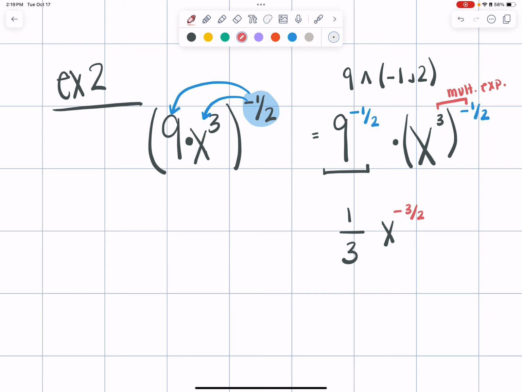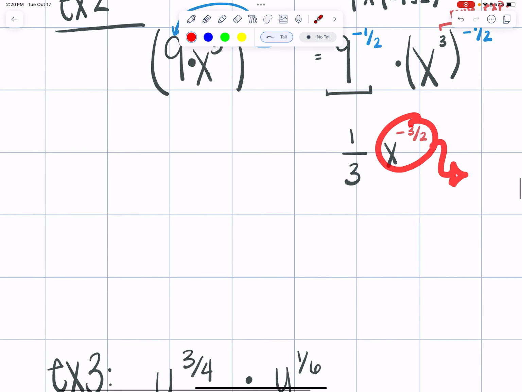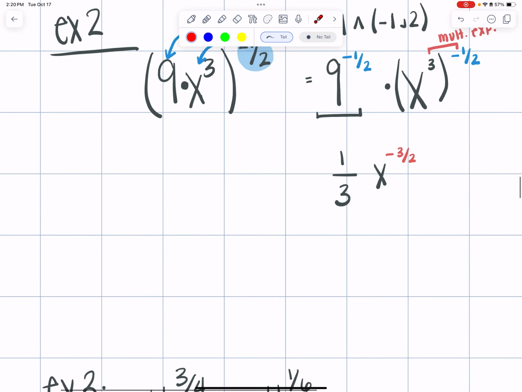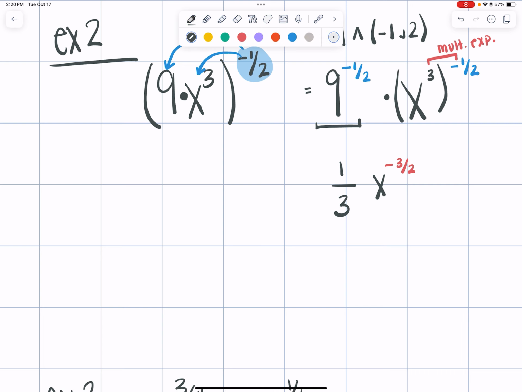Now I've got a negative exponent, and so just like we saw in the last example, to make that negative exponent positive, I'm going to take that thing to the bottom. Well, I don't need to make a new fraction because I already have a denominator. So what I'm going to end up doing is actually taking that down with the 3.